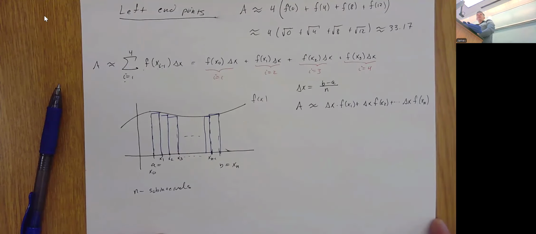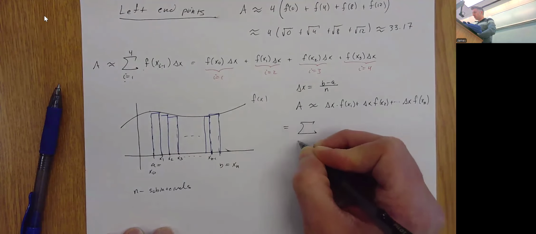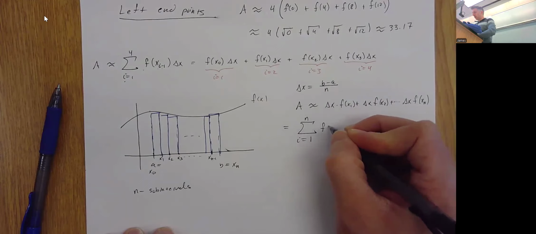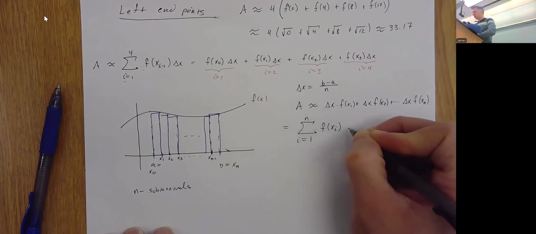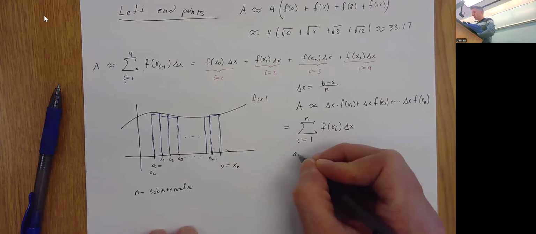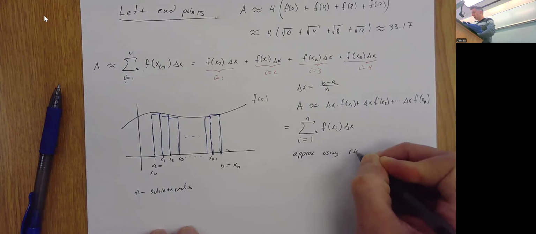Nobody wants to write all that. So we could also write it as the sum from i equals 1 to n of f of x sub i multiplied by delta x. This is our approximation using right endpoints.